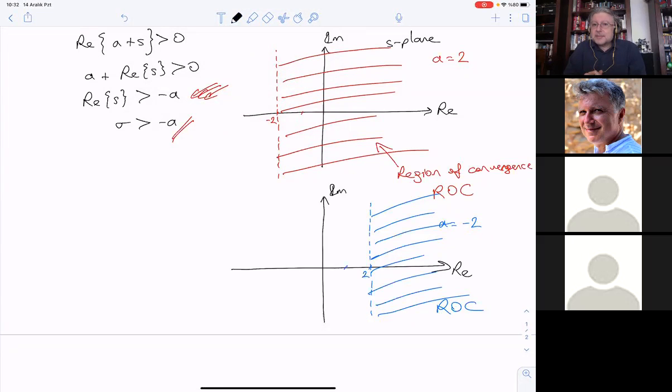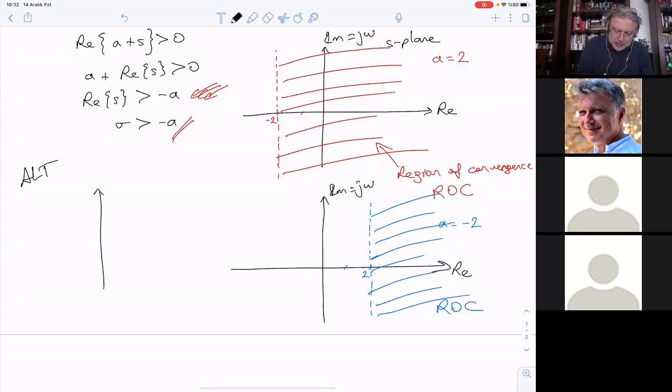The imaginary part is j omega, and the real part is sigma, we say. So imaginary is j omega, and this imaginary is also j omega. So an alternative way of drawing the S-plane, the shortcut of it, is this is the sigma axis, and this is the j omega axis.